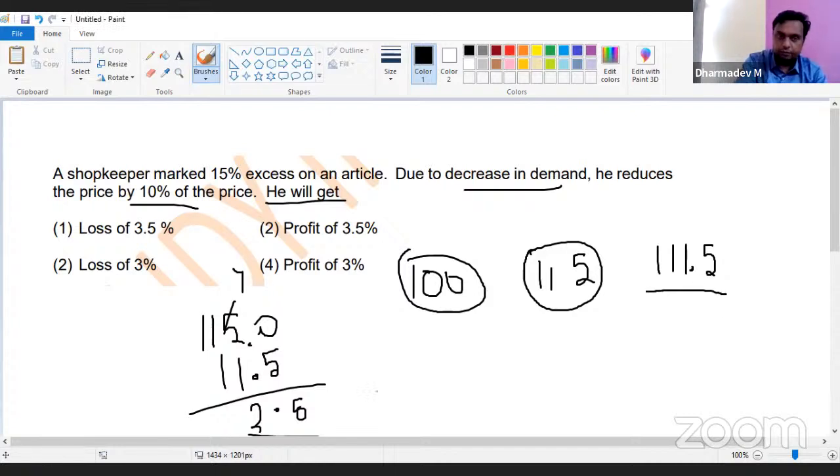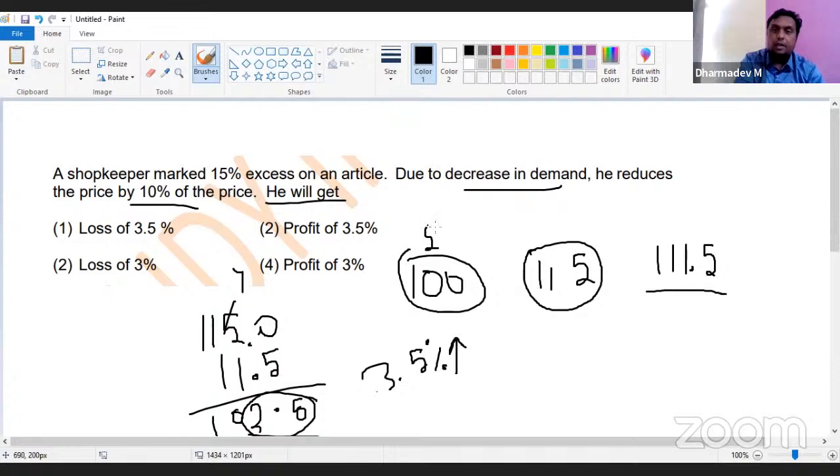So 115 minus 11.5. I'm reducing 11.5, so he's making 103. So still he is having a gain of 3.5, not a loss, an overall gain.